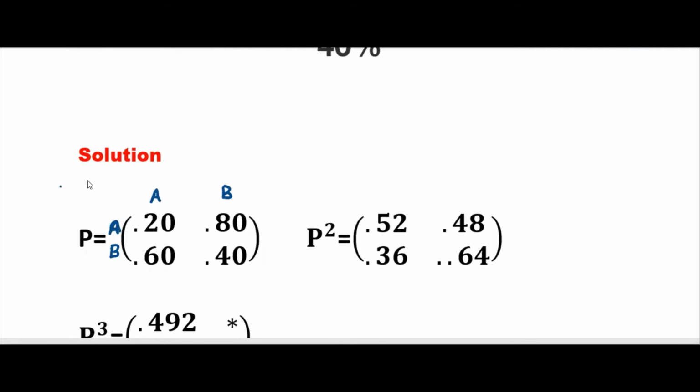Similarly, staying in B is 40%, but from B coming to A is 60%. You have to find P square. P square will give you the probabilities.